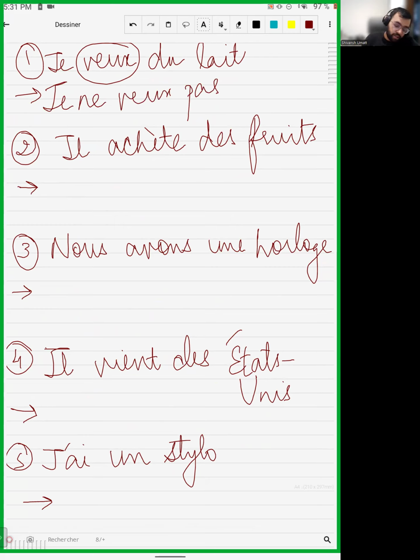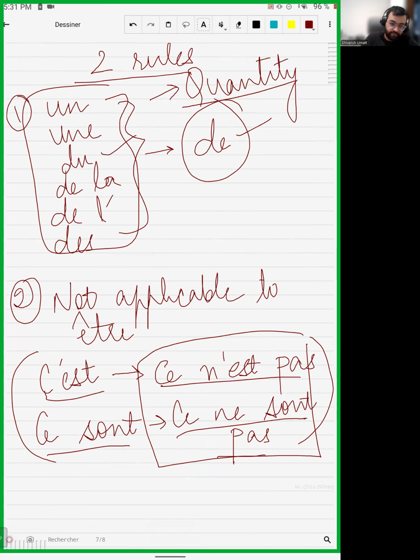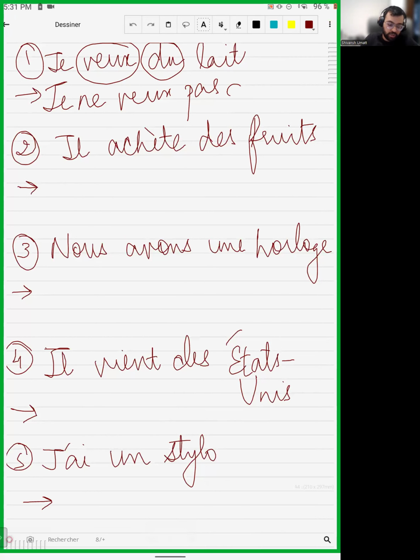And because the word here is du, which is expressing a quantity, I told you that du changes into de. So in this situation, du will become de. Je ne veux pas de lait. I want milk. I do not want milk.